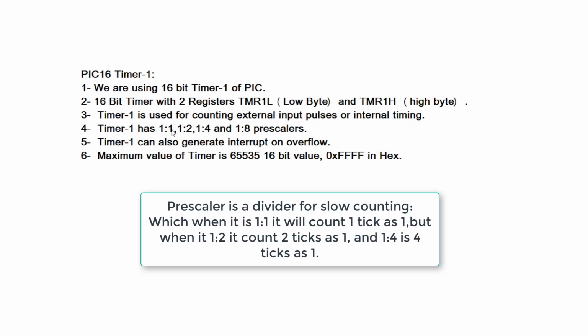What this means is that with 1 into 1, the timer will count only 65,535 timing intervals, but with 1 into 2 it will count 65,535 multiplied by 2. So the counting capacity and timing capacity of the timer will be double, and when it comes to 4, it will count 4 times, so the timing capacity of the timer will be 4 times.